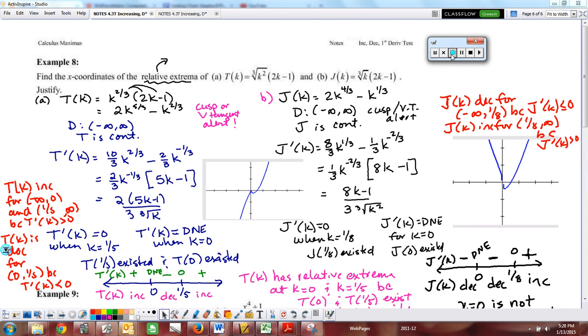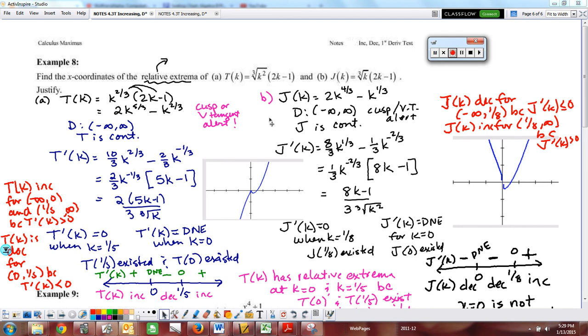Now, one of the things I'd like you to do, before you walk away from this set of notes, is see like I've done here where I've graphed these functions on the calculator and compared what's happening on the function to what I see in my sign chart. I would like you to go back in all the examples in this set of notes and graph the functions on your calculator, and then compare those graphs to the sign charts and to the information that we came up with from the derivative, so that you can start making that connection.